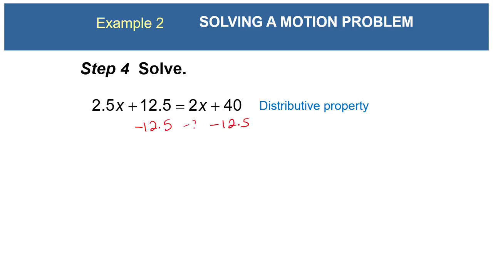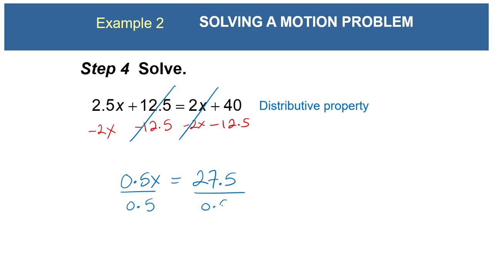And I also want to subtract 2x from both sides. So this cancels out, this cancels out. So this simplifies to 0.5x is equal to 27.5. Let's divide both sides by 0.5 now. And so x equals 55.